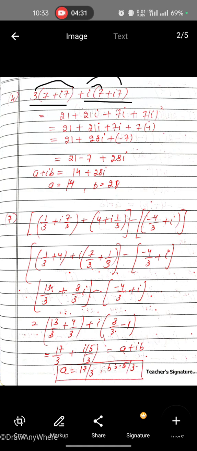So now put the value of iota square. You can simply calculate the real parts only. 21 minus 7. Okay, 28 we cannot add to 7 and 21 because 28 contains imaginary part. Okay, so 28 is the imaginary part.